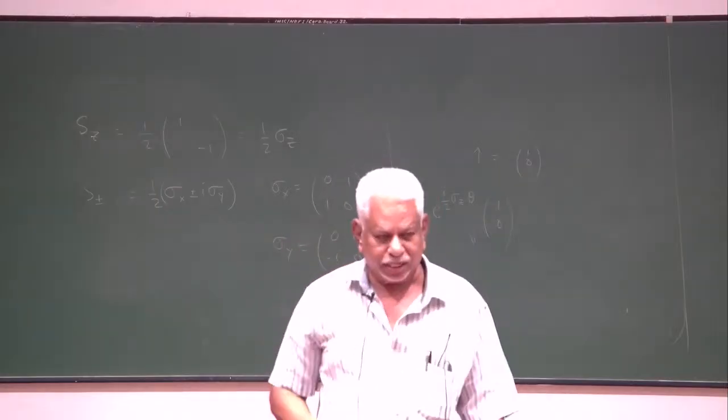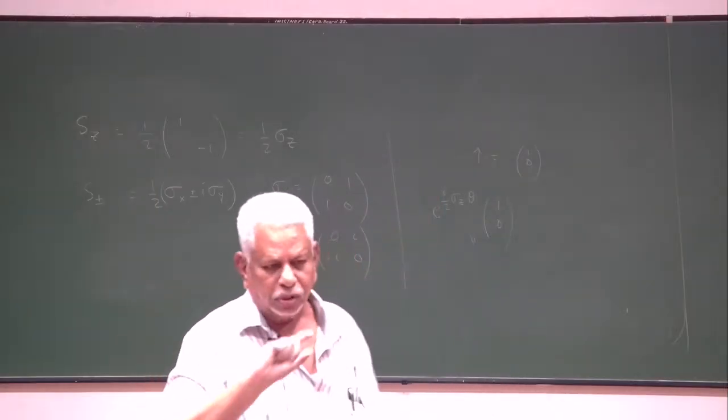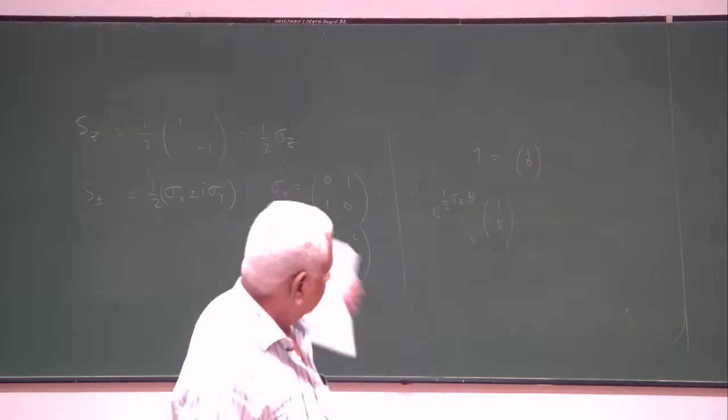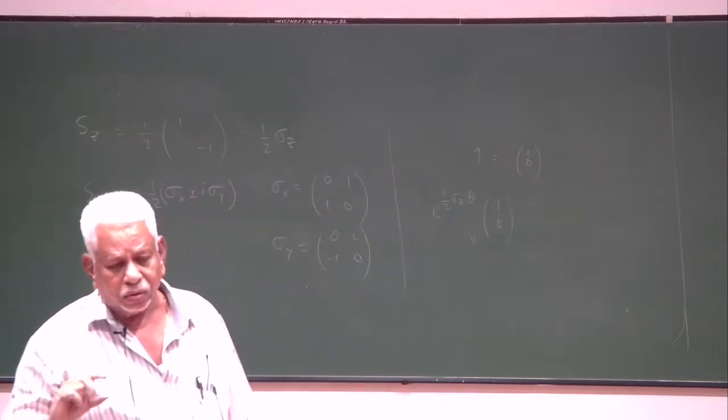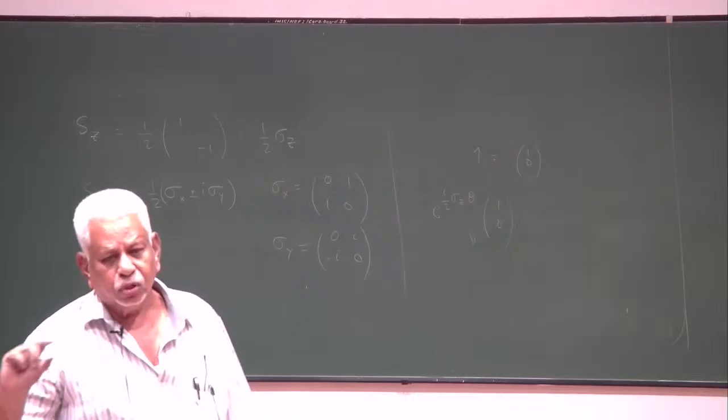Sigma z is not the generator, half of that is the generator. You should remember that factor of half. If you have that, 1 plus i sigma will give you small rotations.